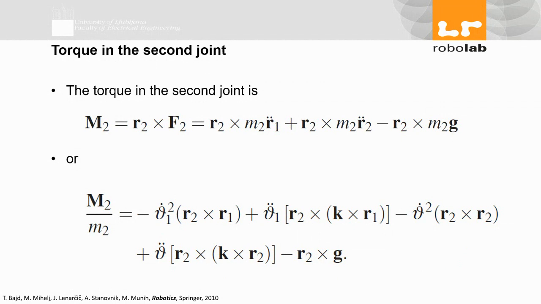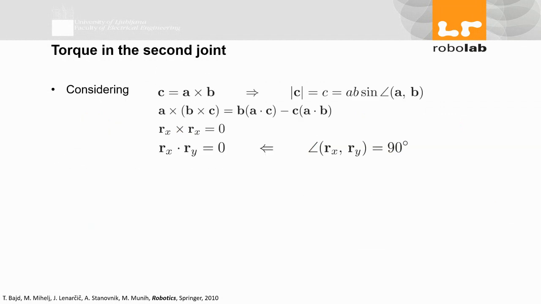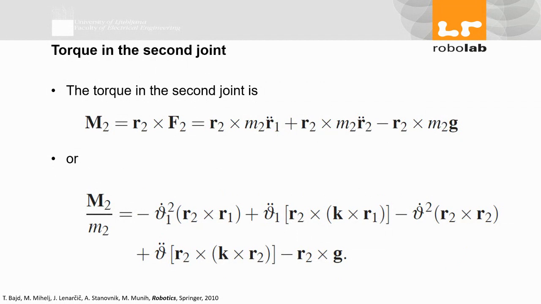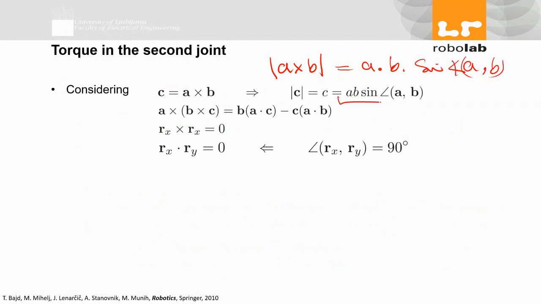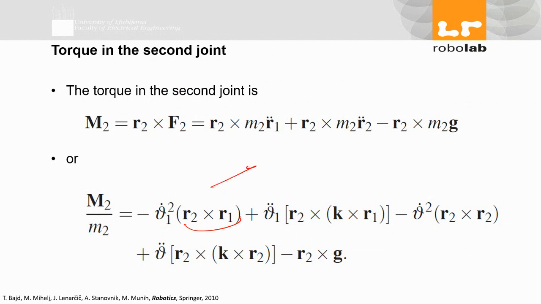Okay, and from here, we did a similar thing, because I know that when I have an external product like this, or cross product, sorry, sometimes you call it external, but the cross product of two vectors A times B, the absolute value is A times B times the sine of the angle between A and B. So for instance, when I'm doing this, the angle between R1 and R2, this was R2, this is R1.